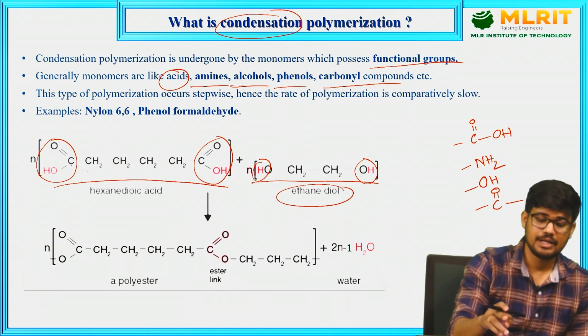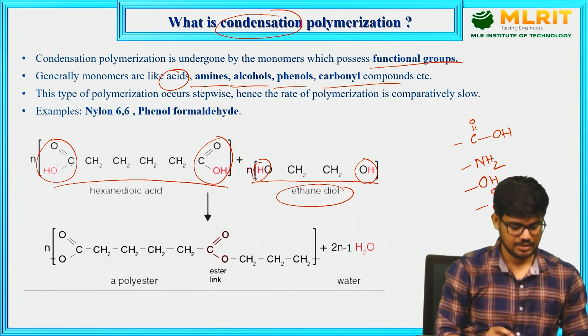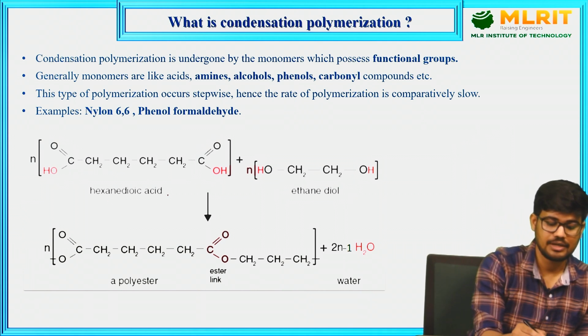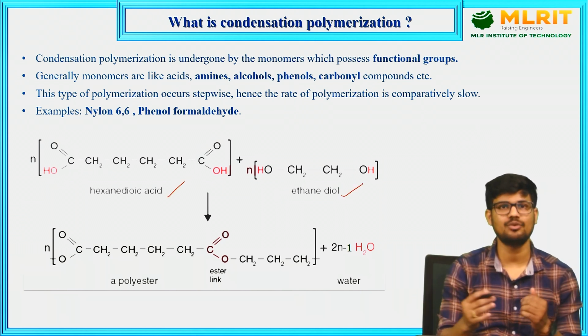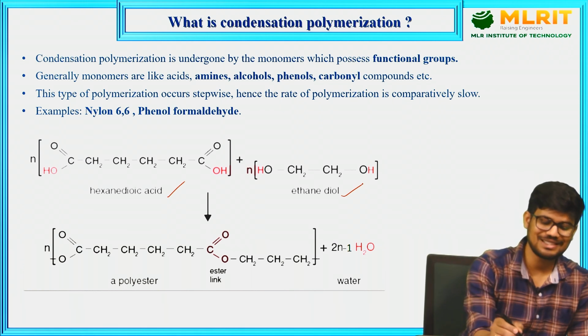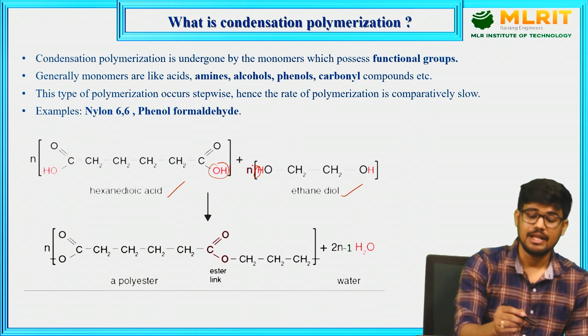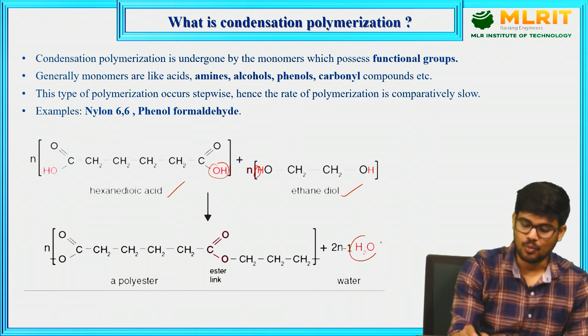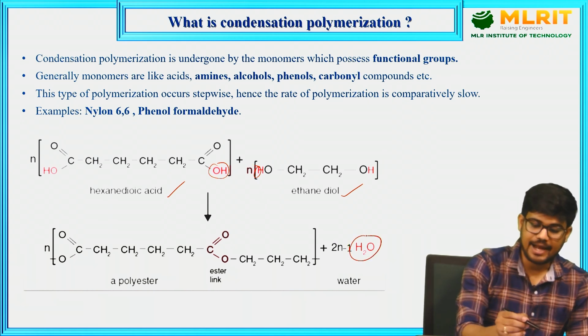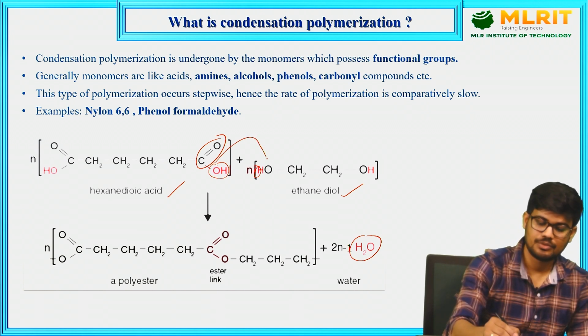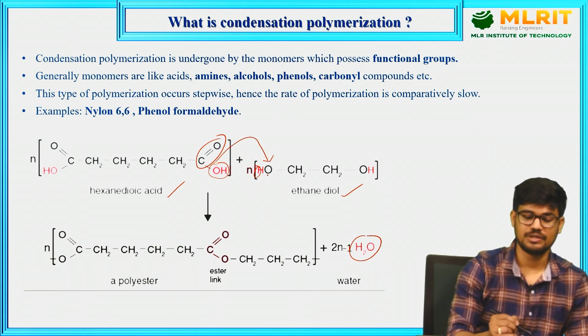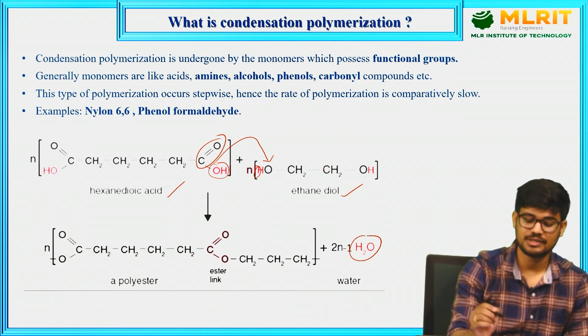Now if these two monomers, hexane dioic acid and ethane diol, react together, then what will happen? From the color text you can see here we have OH, here we have hydrogen. They will combine and produce water, H2O, and this CO will connect to this oxygen, meaning CO bond O bond CH2.